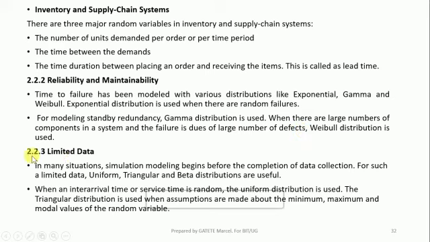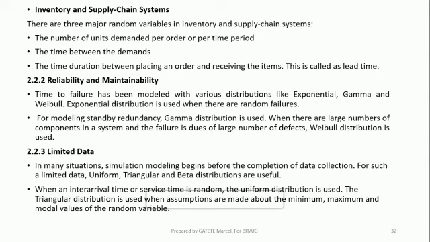We can also have limited data. How? Because a simulation model sometimes begins before the completion of data collection. When you are studying your system, you start by defining the problem, and you also have to start the data collection.